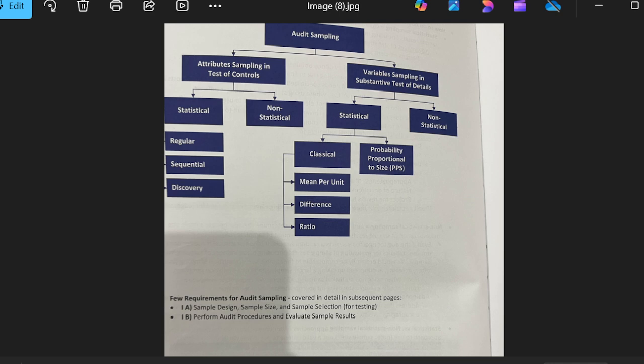Further, the sampling is divided into statistical and non-statistical, and statistical and non-statistical apply under both attribute and variable, depending upon the auditor's judgment on what they are using. There is a further bifurcation of statistical sampling into sub-units and sub-contents. We will discuss statistical sampling further in the next chapters.